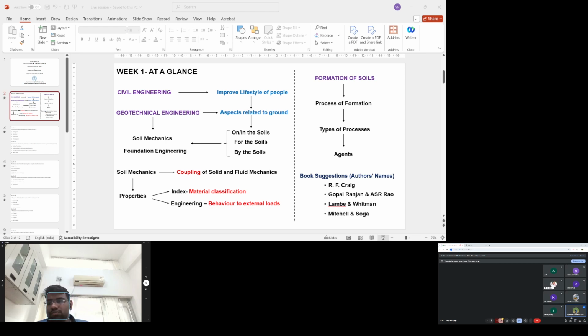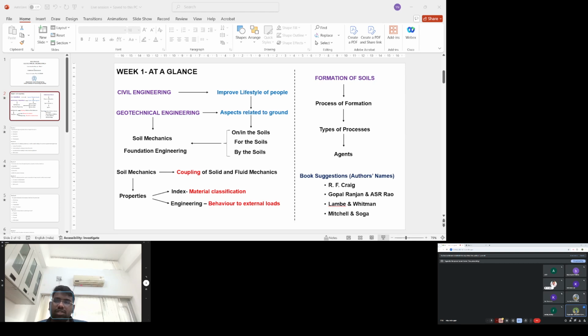In case this realm of soil has been worked upon by various streams, for example agriculture, civil engineering and earth sciences, this concept of soil mechanics is approached by several streams.